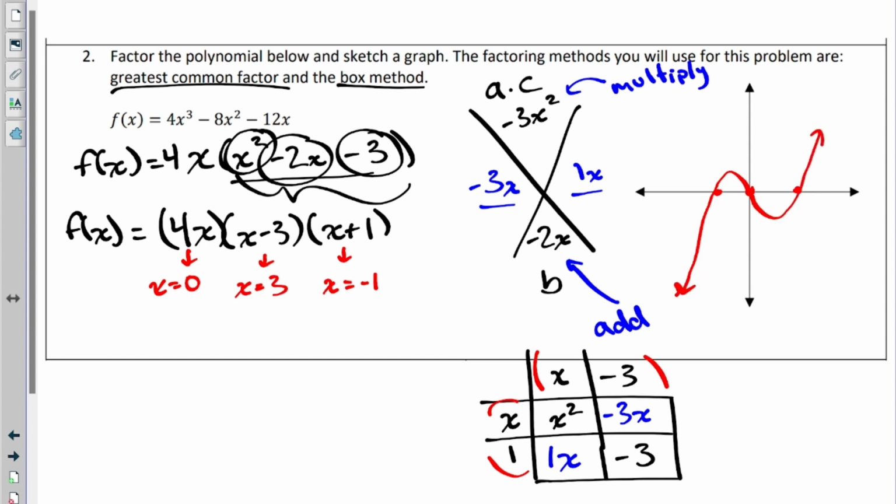And so I know that this is the way that the graph goes, as opposed to this, right? That one's wrong because it doesn't match the end behavior. This tail is pointing up, which means we're going towards positive infinity because the leading coefficient is positive.